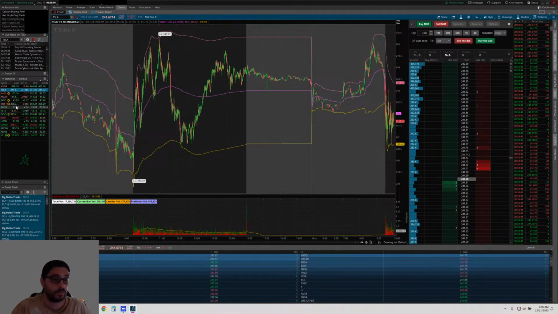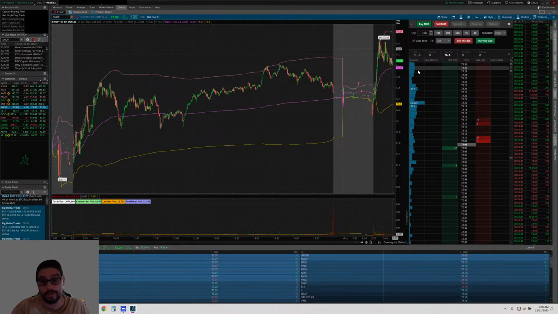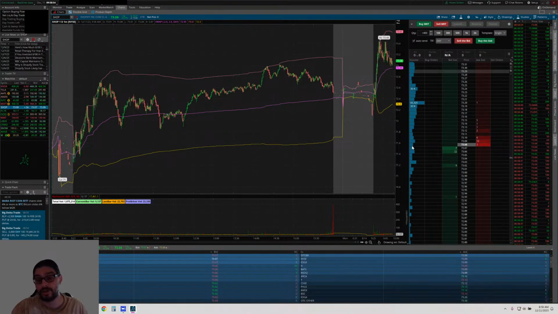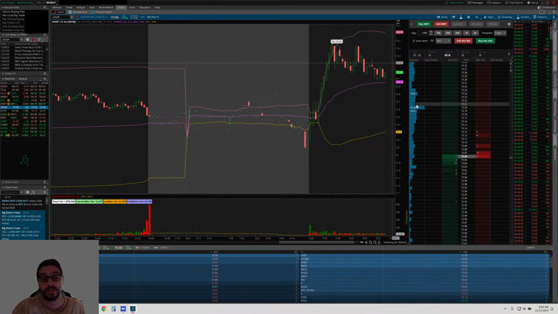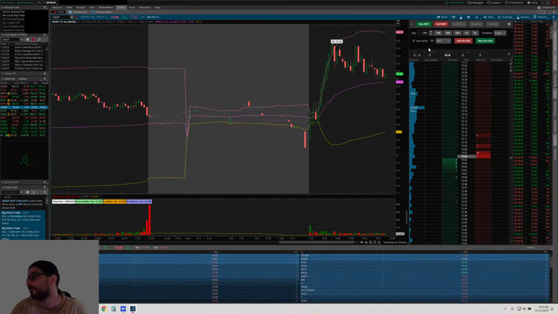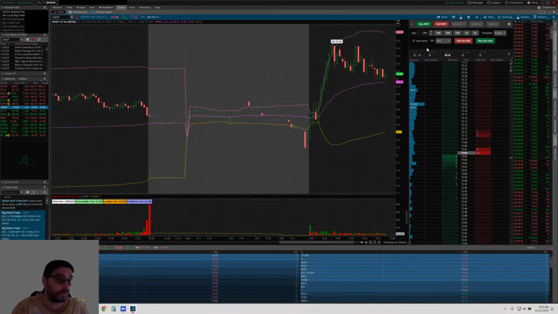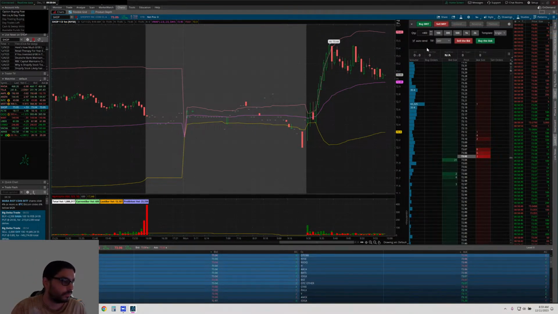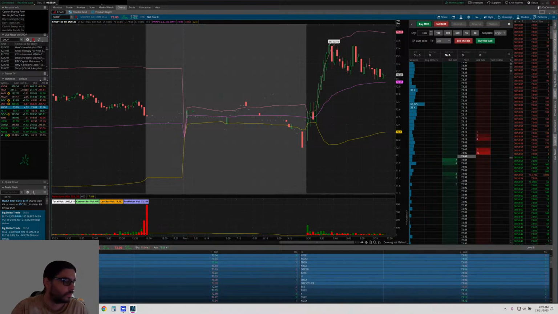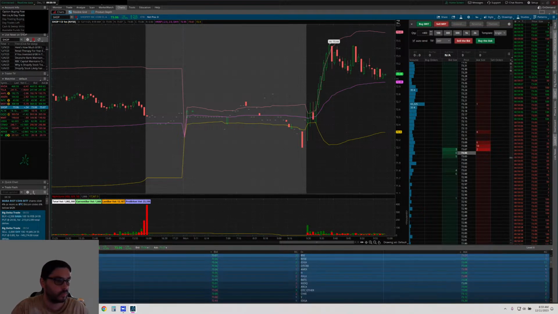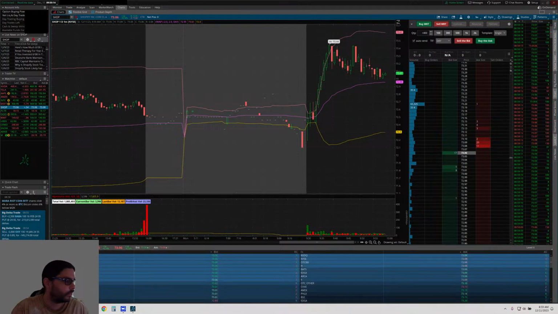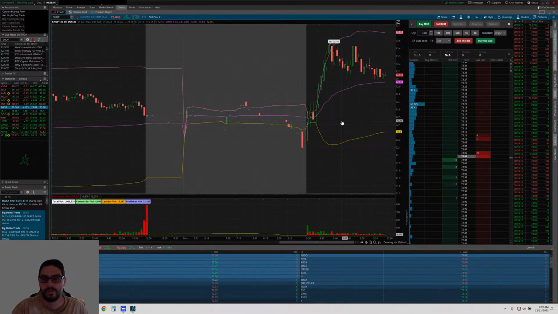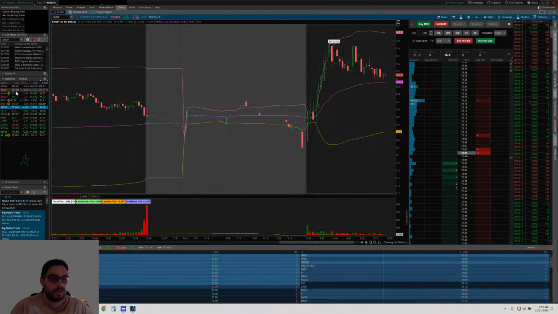Because I'm looking to take a lot of risk on a trade, but with extremely high probability and high reward. That's kind of what I'm looking for. All right.